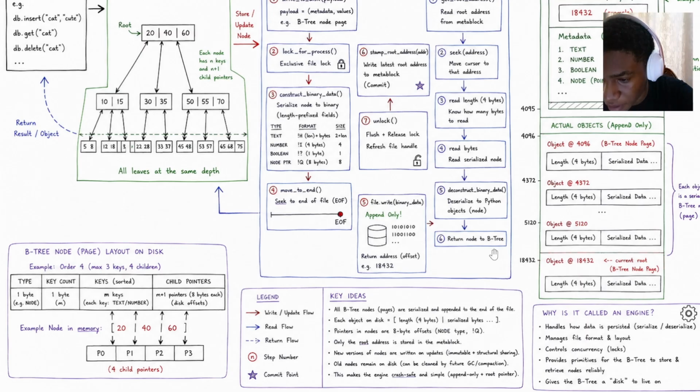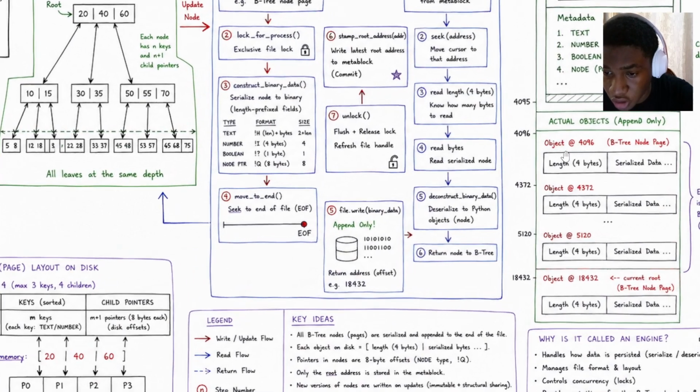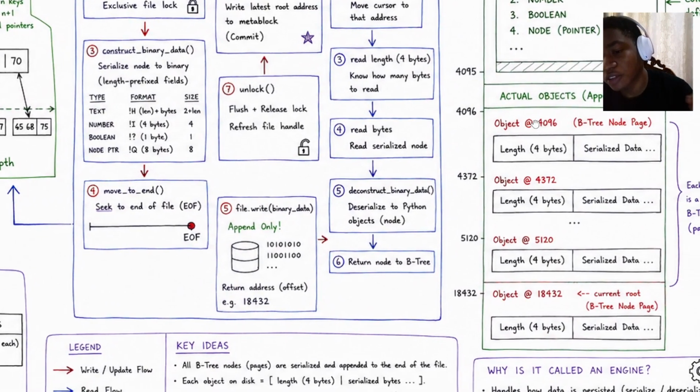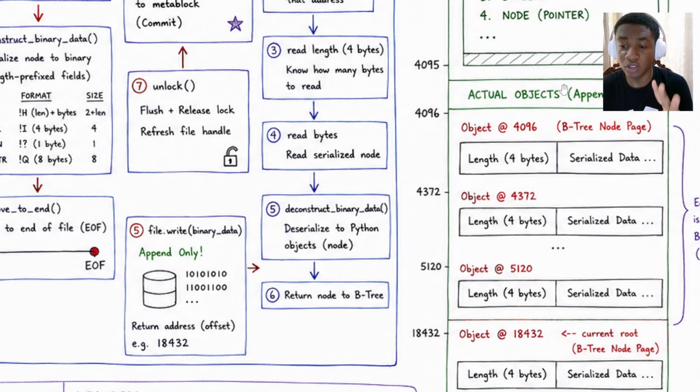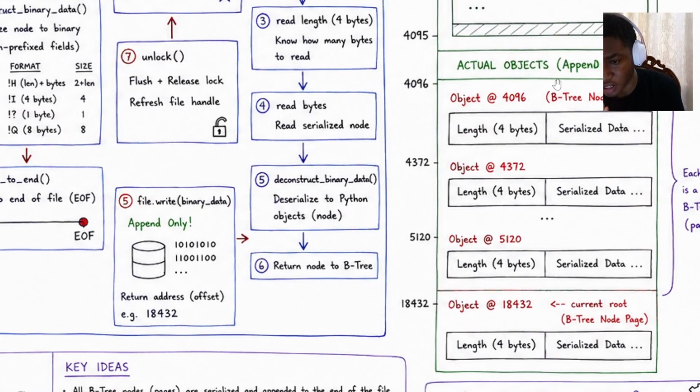Then here, this is how the data is actually stored on disk, outside of the metadata, outside of the fixed header. So when reading or creating bytes, we would allocate 4 bytes for the length of the serialized data.